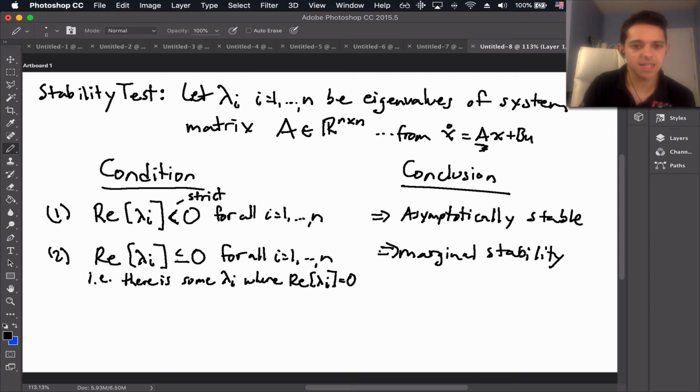So all it takes is one of these eigenvalues to have a real part that is exactly 0, and then we get marginal stability. If the real parts are all strictly negative, it's asymptotically stable.